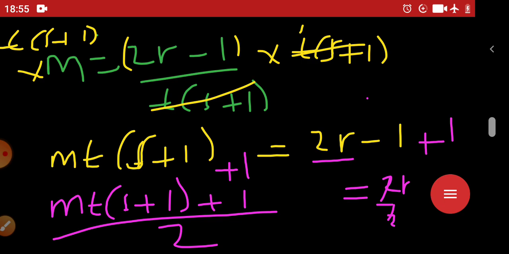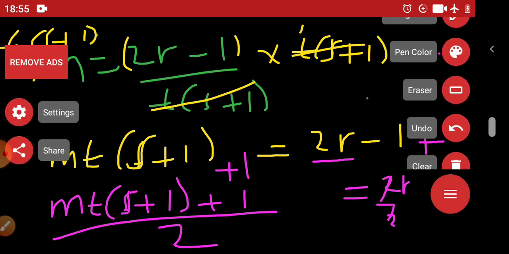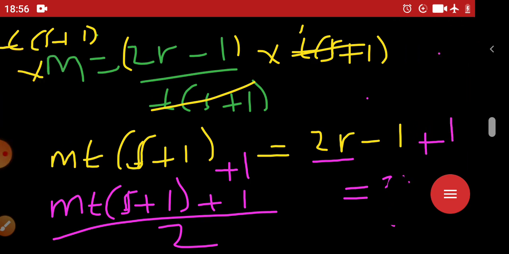But when they say maybe simplify it, you can divide by 2 and then have separate fractions or something like that. But they have not instructed you to do that, so I'll just leave the answer like this.